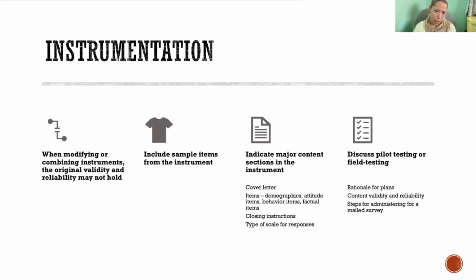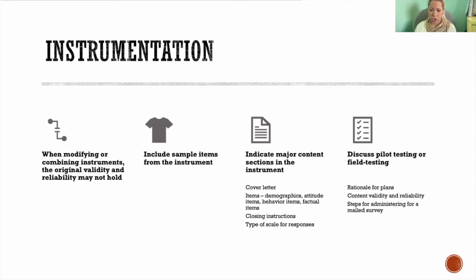When you're writing about your instrumentation, you might include a couple sample items from the instrument to give the reader a sense of the format of the questions or what type of questions are being asked. You'll indicate the major content sections in the instrument. So major content sections meaning, is there an instruction section, a cover letter explaining how to proceed, how to complete the instrument, why you're completing the instrument, how to interpret what's in the instrument.